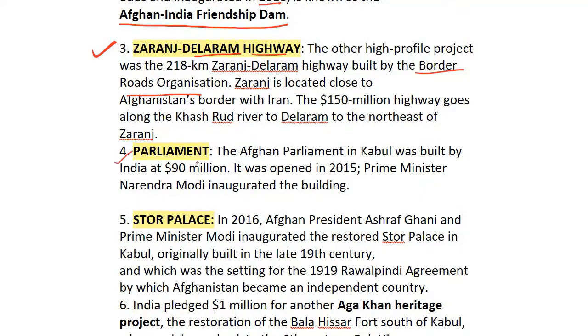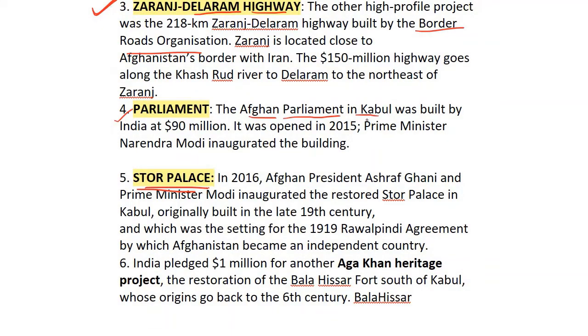The Afghan parliament in Kabul was built by India at $90 million, and it was inaugurated by our Prime Minister. Now then there is the Stor Palace. In 2016 the then Afghan President Ashraf Ghani and Prime Minister Narendra Modi inaugurated the restored Stor Palace in Kabul.